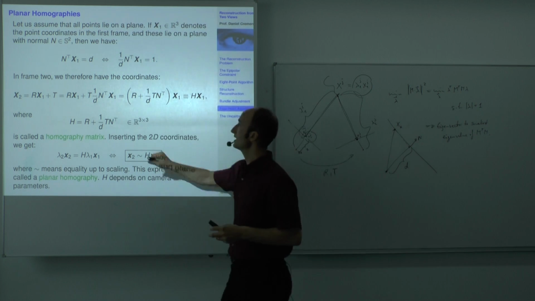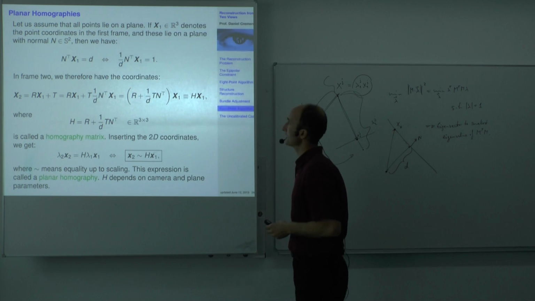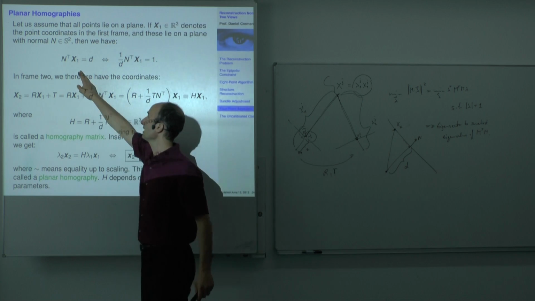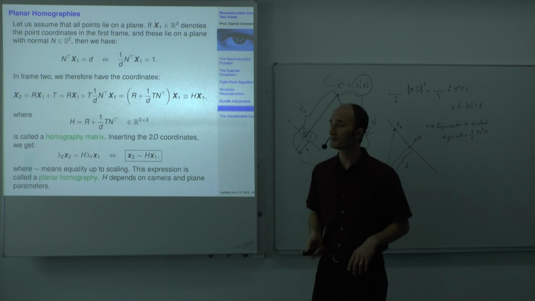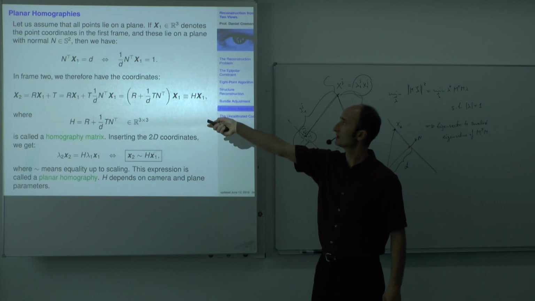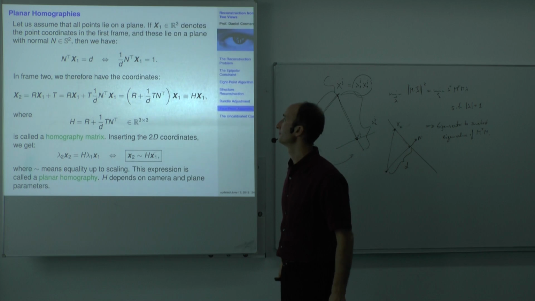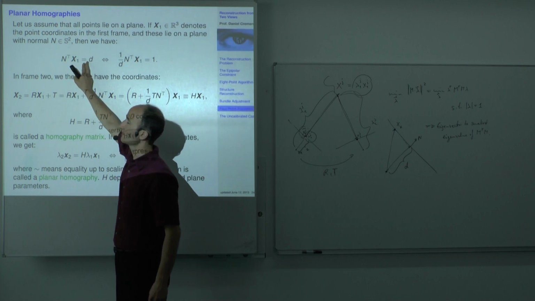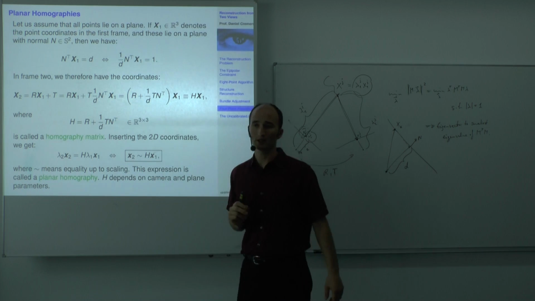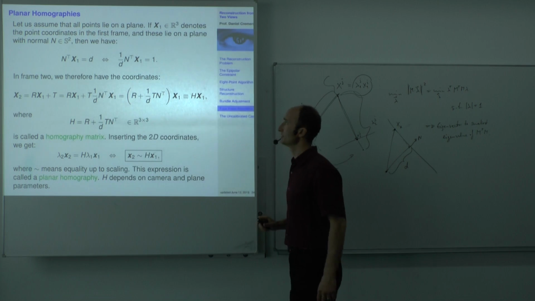This is the equation that governs points on the plane: if the plane is defined by a normal vector n and an offset d, then any point on the plane fulfills this equation. And vice versa, any coordinate vector x that fulfills this equation is on the plane.